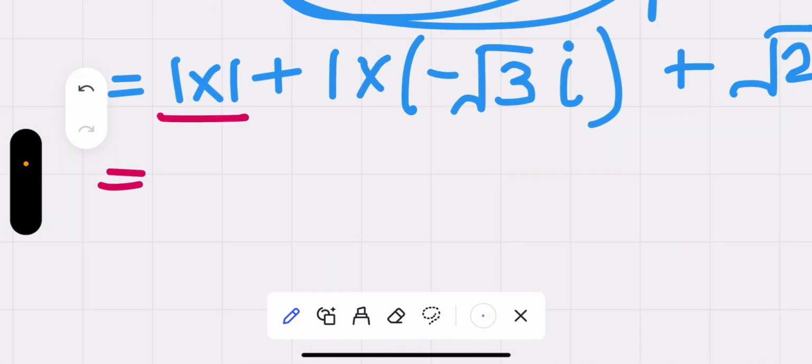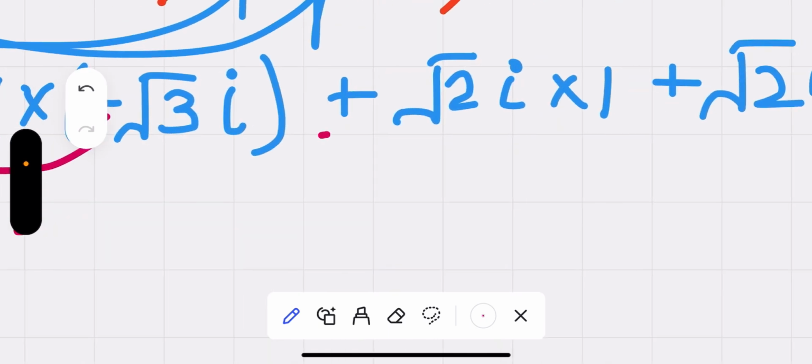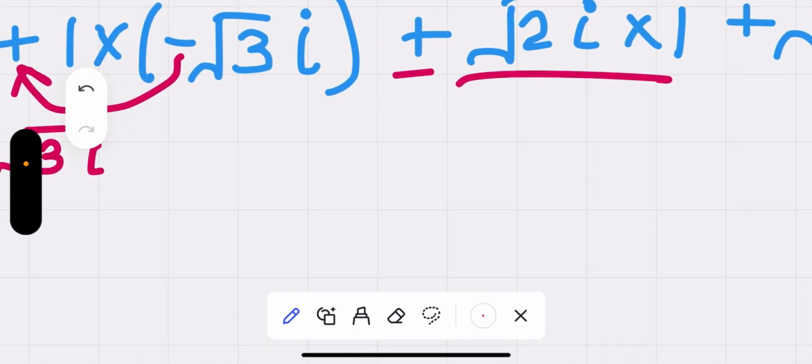Okay, 1 times 1 is 1, and this minus sign with this plus will give minus 1 times square root 3 is square root 3 and iota as it is. Here plus square root 2 times 1 is square root 2 and iota as it is.